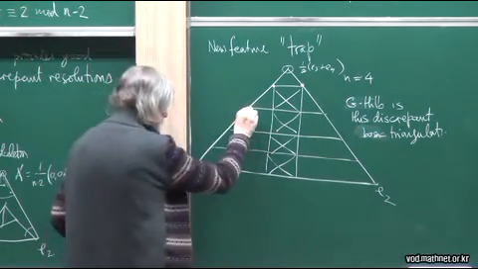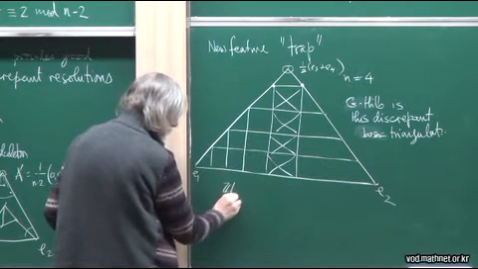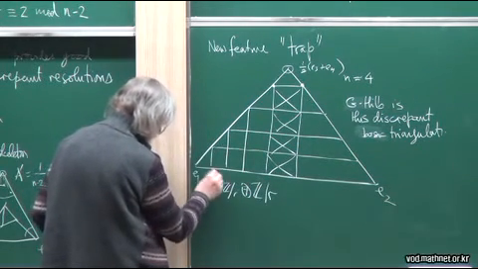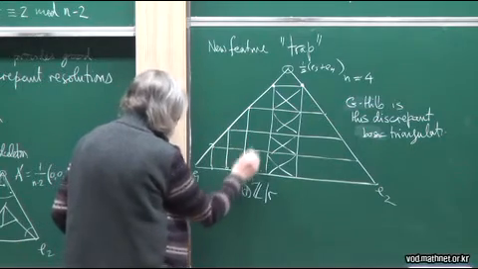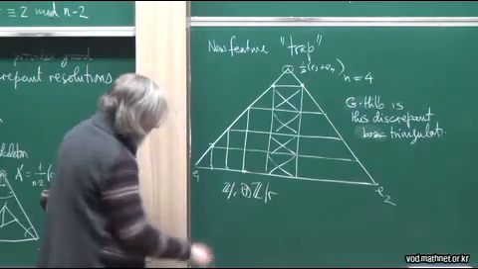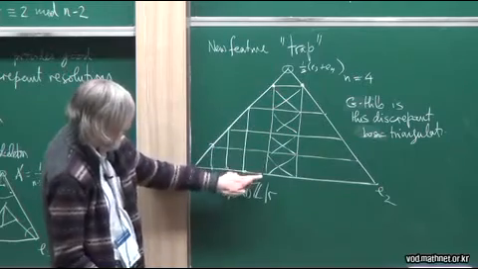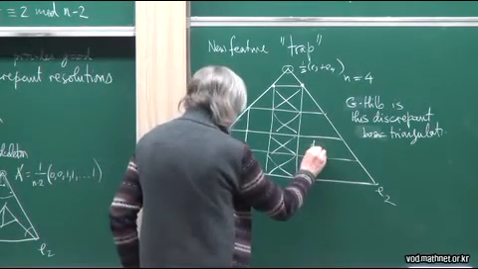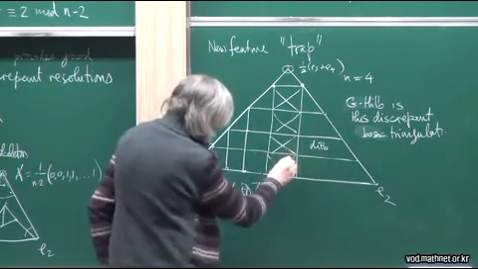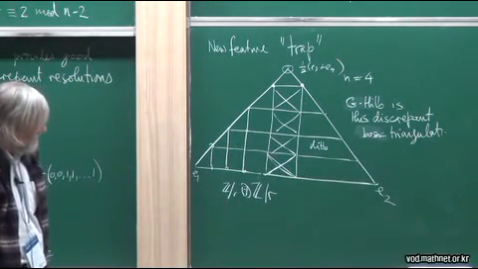The group is Z/R plus Z/R, so R is odd. The picture I'm drawing here is a triangle for a group like this with a regular tessellation, and the same thing happens here, but in the middle G-Hilb is doing something which is discrepant.